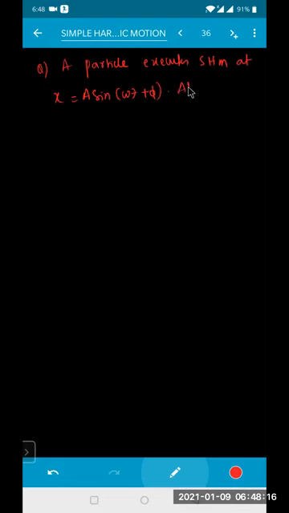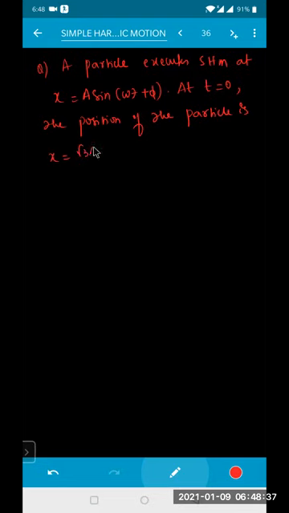At t is equal to 0, the position of the particle is x is equal to root 3 A divided by 2, and it moves along the positive x direction.